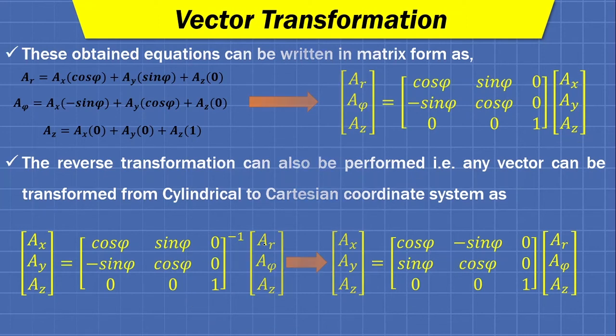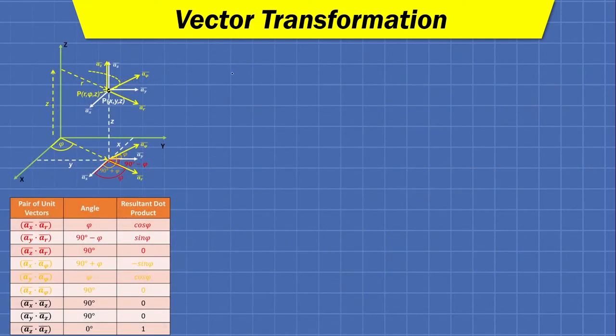So say our matrix was cos phi, sin phi, 0, minus sin phi, cos phi, 0, 0, 0, 1.